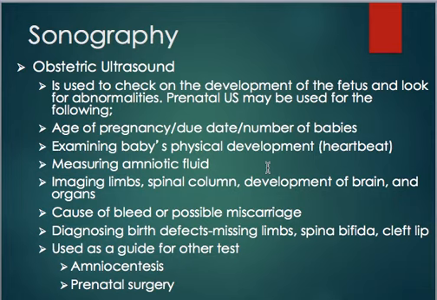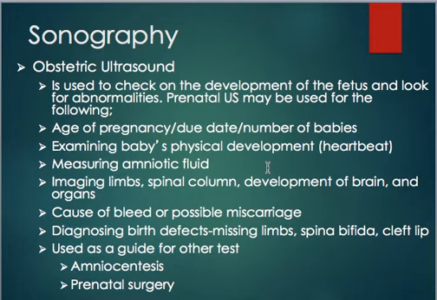They're going to image limbs and the spinal column, and check on the development of the brain and other organs. So they're going to do measurements on those limbs. They're going to look at the spinal column to see if there are any abnormalities like spina bifida. They're going to check the development of the brain again to make sure that there isn't any fluid or anything like that, any abnormalities that could cause issues with the fetus.